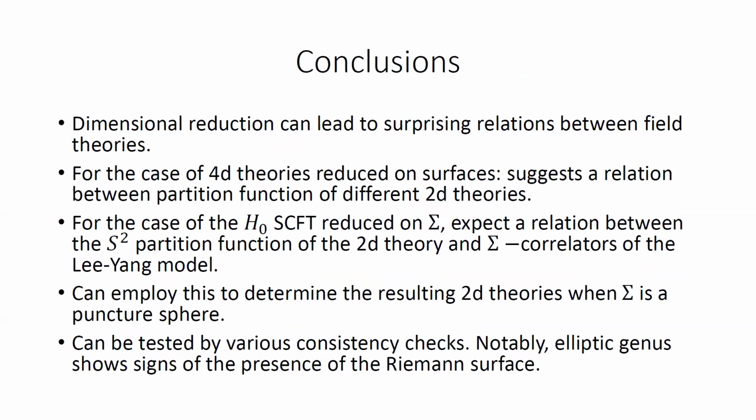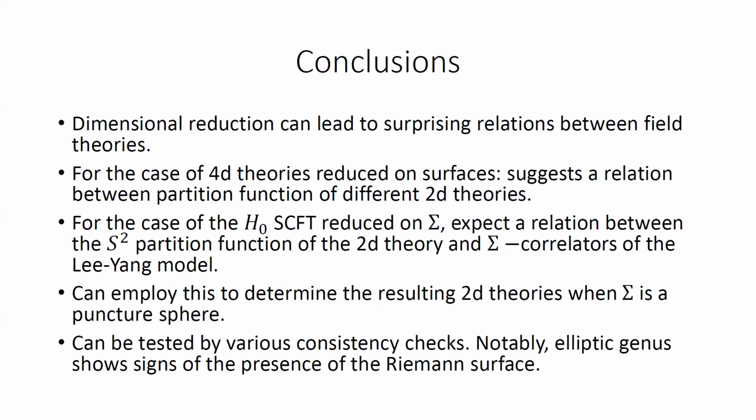All right, so concluding, I talked about how dimensional reduction can lead to surprising relations between field theories in different dimensions. Particularly interesting is the relation where partition functions of different theories seem to agree. And this can be understood as both sharing some higher dimensional origin.